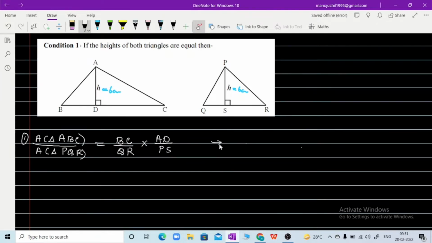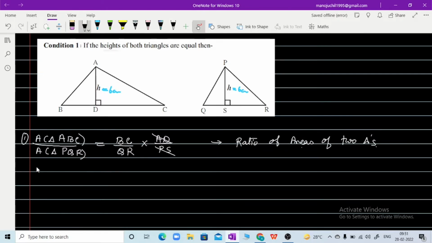Now this is because of the ratio of areas of two triangles. Whereas we have considered that both the triangles have equal heights, because both of them have height 6 centimeters. In that case, we can easily cancel AD and PS.